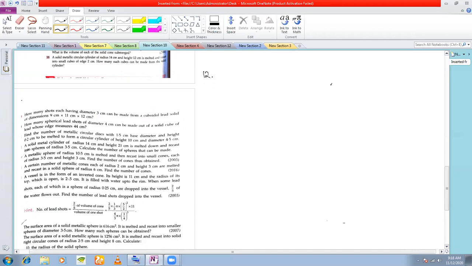Okay, so this is a case of hollow cylinder. A hollow cylinder is getting converted to a cone, not a solid cylinder. This time it's a hollow cylinder.